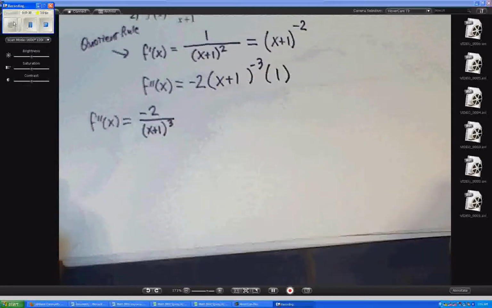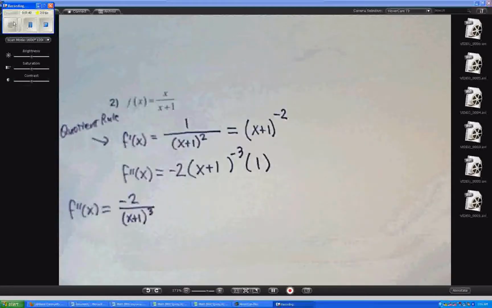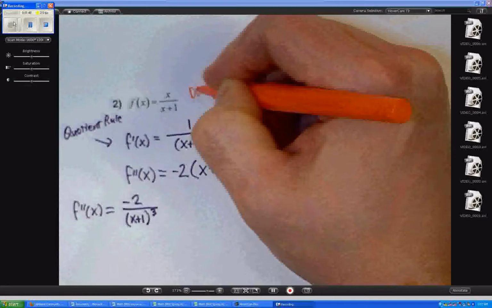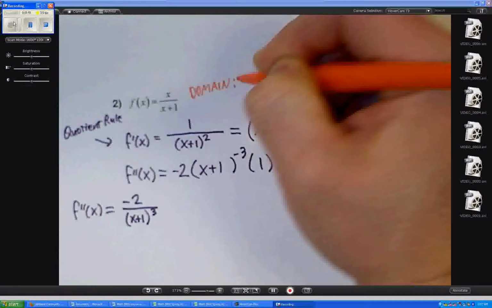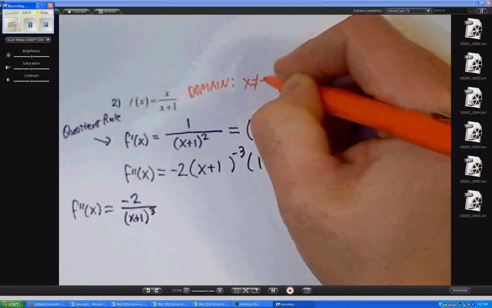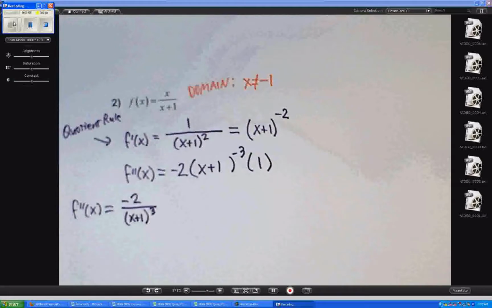Hey, by the way, I kind of should do what I did last time. I should say something about this function f of x, and that is, do we know the domain of this function? What would you tell me? Yeah, x is not allowed to be negative 1. So that's good to know. By the way, we covered this already, even though your book is going to cover it in section 3.5.